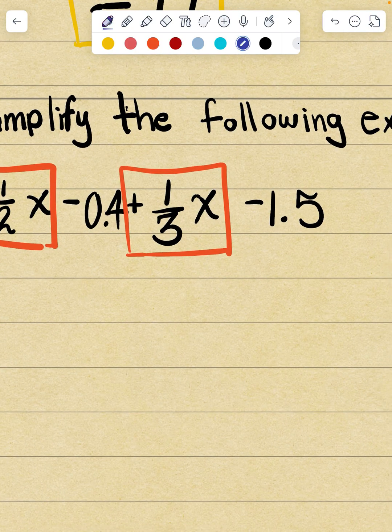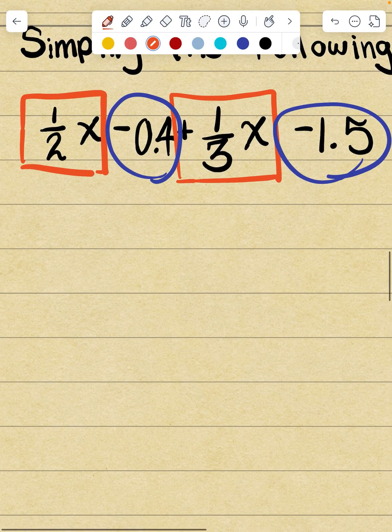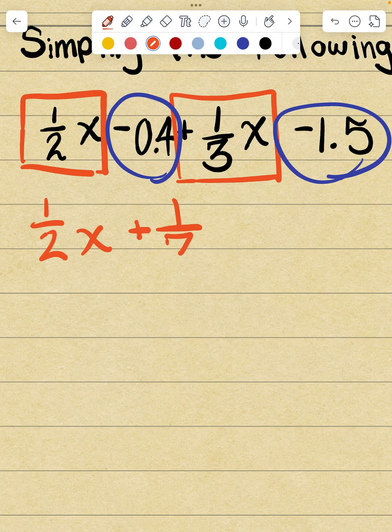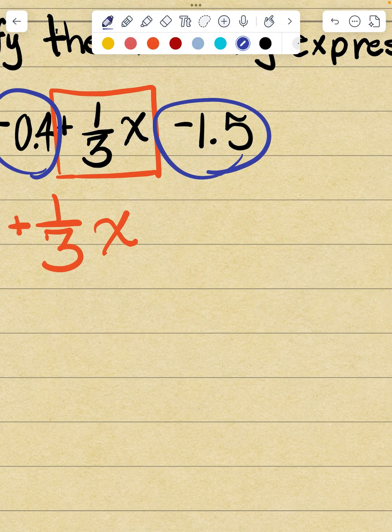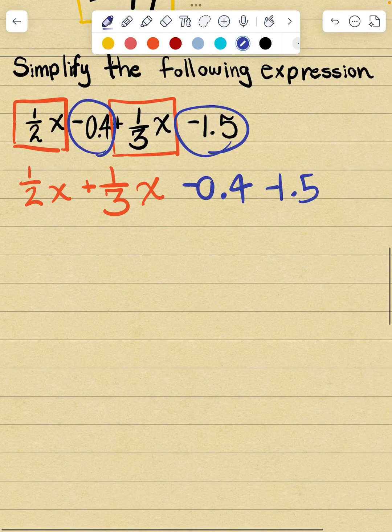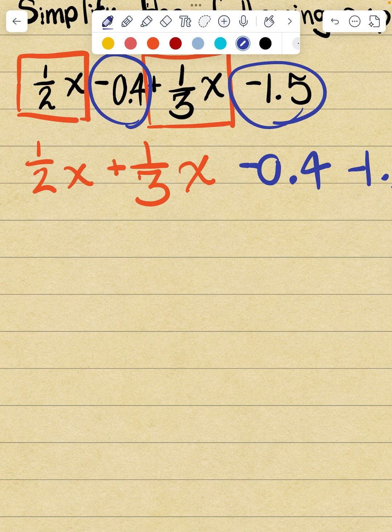Those both have x's. Then I'm going to circle my constants. Then I rewrite: 1/2 x plus 1/3 x minus 0.4 minus 1.5.